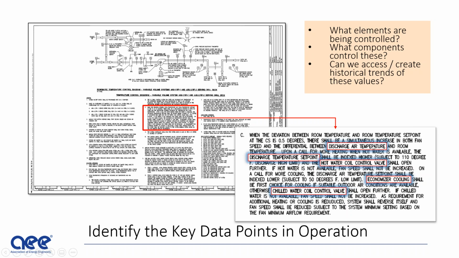If you look at the sequence of operation, you can identify what data points are key in the sequence, in the operation, in the controls strategy. For an air handling unit: discharge air temperature, set point, hot water coil, economizer, cooling coil. Pulling those out, and the items that are relevant for what's coming out of that system, is that first step.